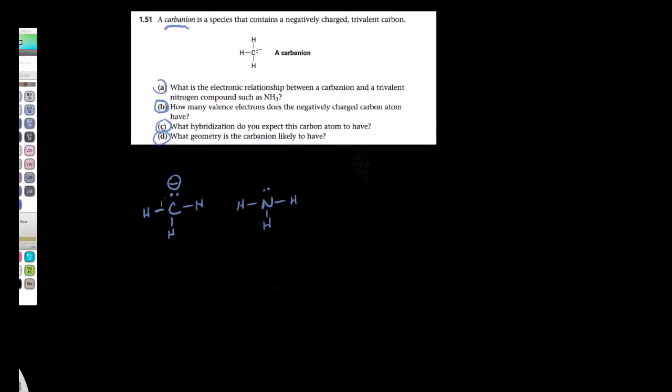Well, if you count the number of lone pairs, they each have one lone pair. So there's one lone pair in each of these. And there are 3 single bonds in each.